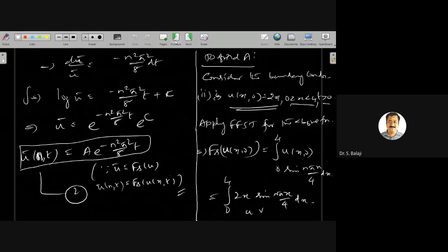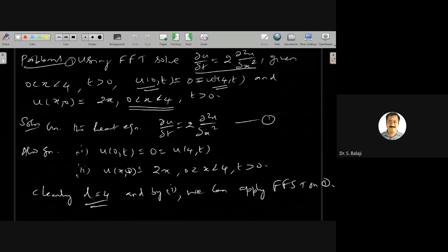Started with the condition problem, dou u by dou t equals 1. Whether you have to apply Fourier sine or cosine transform: here direct temperature is given, so finite Fourier sine transform only, L equal to 4. But if temperature gradient is given, you have to apply cosine transform. Therefore, here directly you can apply finite Fourier sine transform.